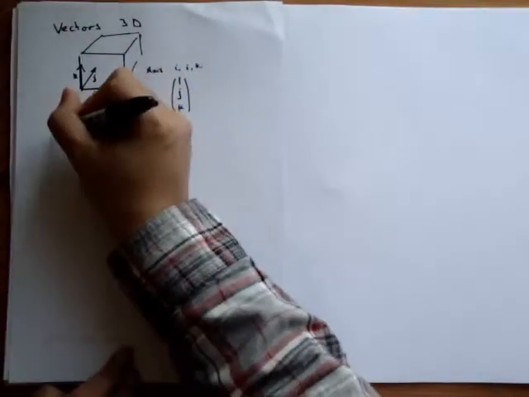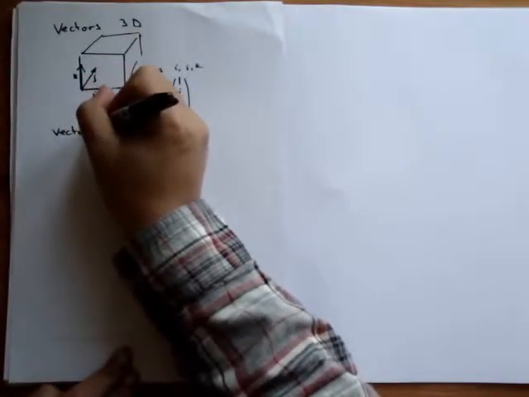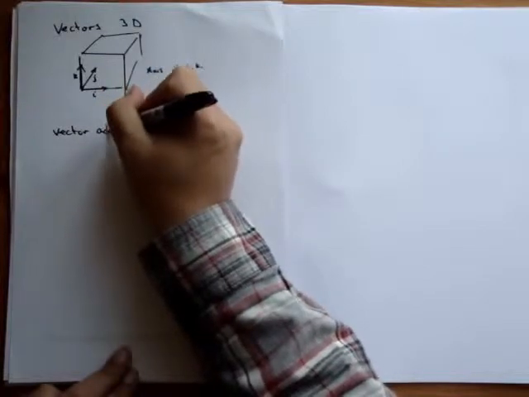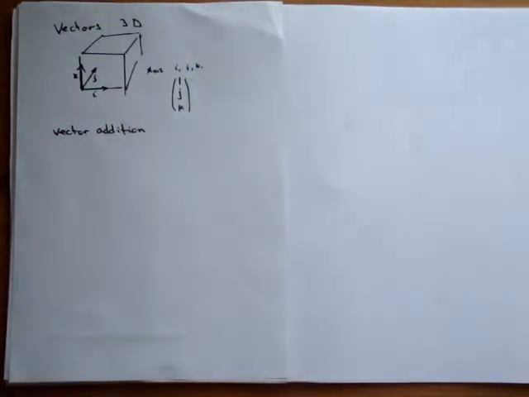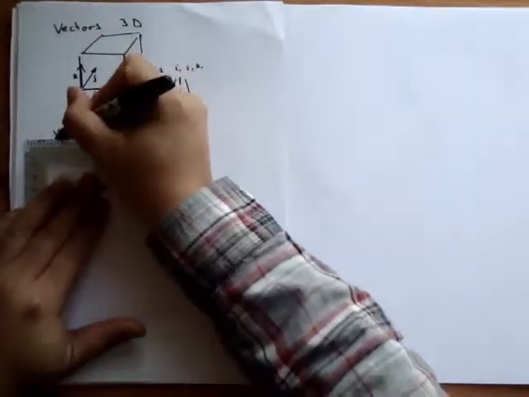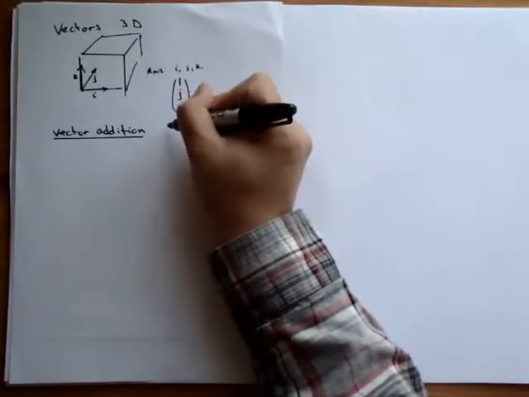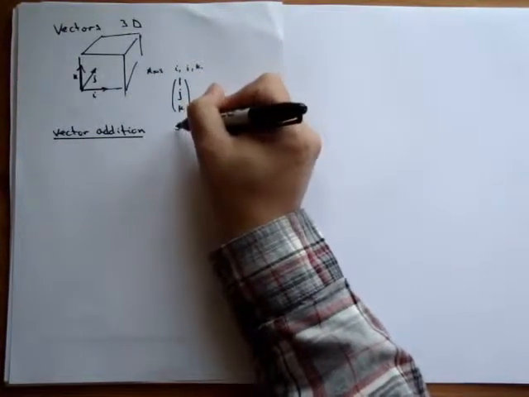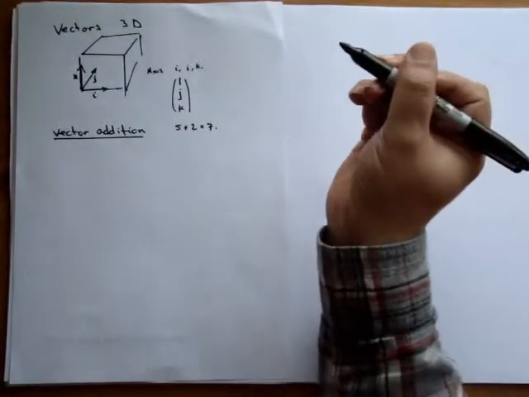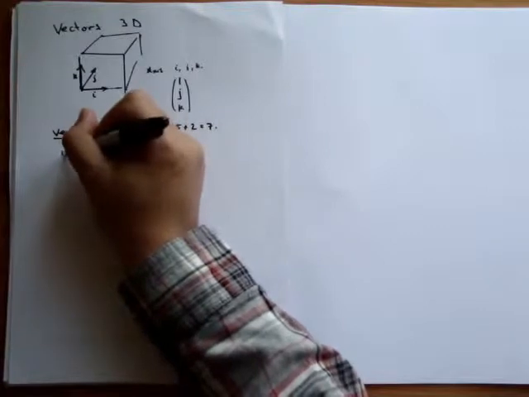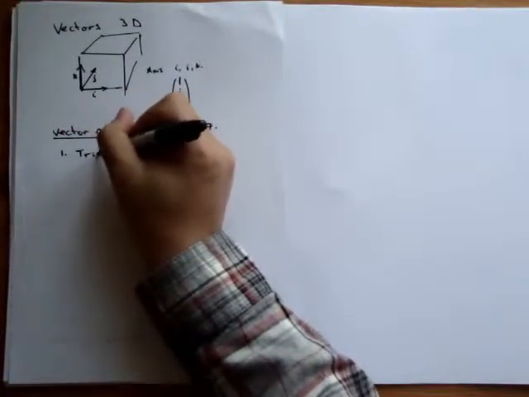When we're adding vectors, so vector addition, we have to remember that vectors have direction as well. So if it was scalar, which has no direction, we'd have 5 plus 2 equals 7. With vectors, one of the things we use is called the triangle law.